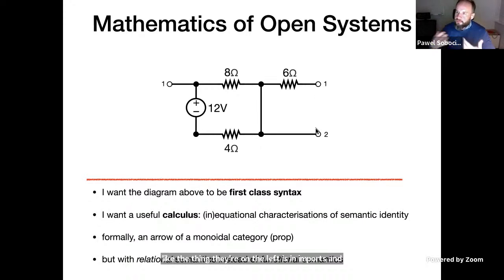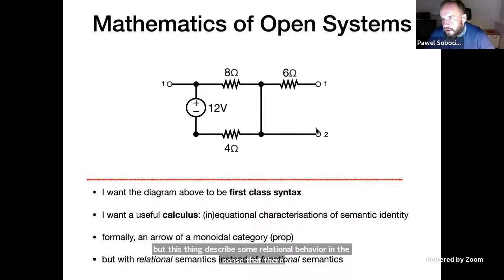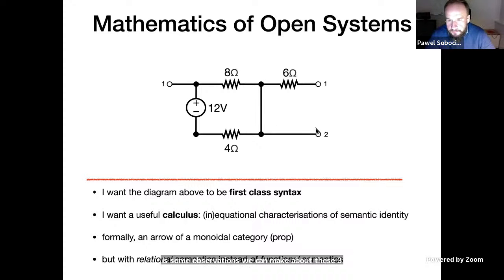But this thing describes some relational behavior, in the sense that there are some observations we can make about these 3 open ports which characterize the legal behaviors of the circuit. And that's a relational thing. And it turns out that this is compatible with how these circuits compose too. So that's essentially where we want to get to, and that's going to be the end point of the story.